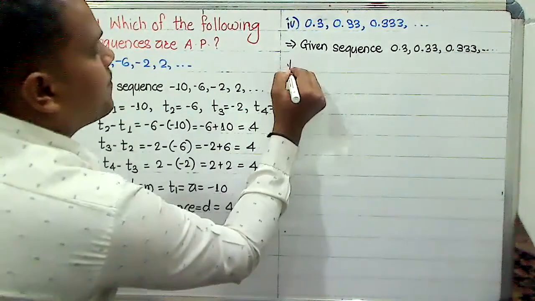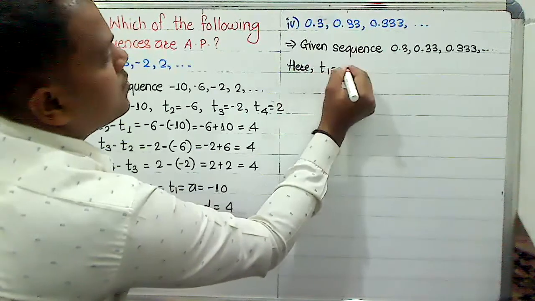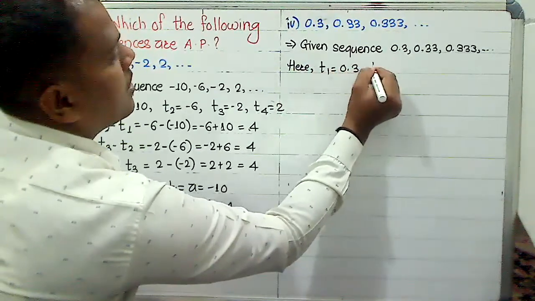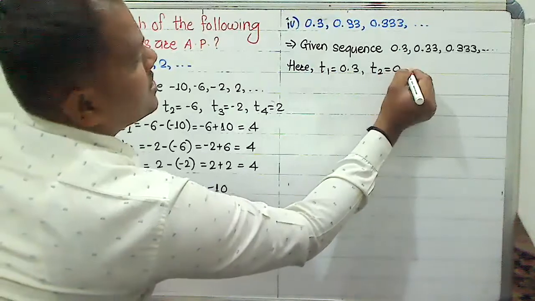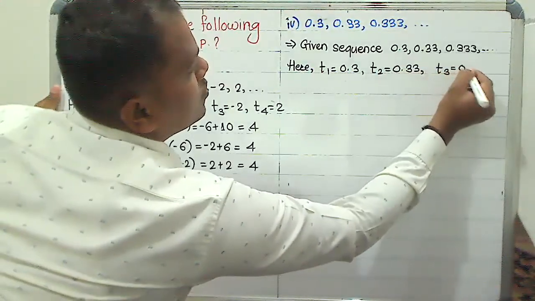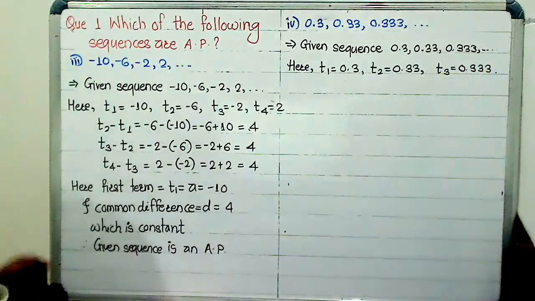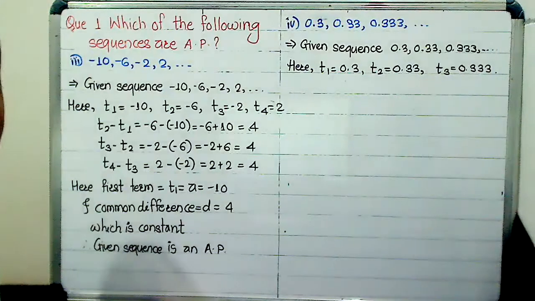So here T1 is equals to 0.3, T2 is equals to 0.33, and T3 is equals to 0.333. So now we have to find the difference between two consecutive numbers.